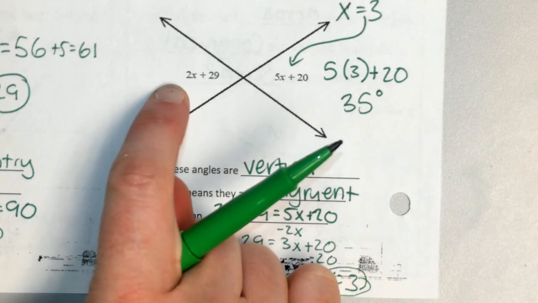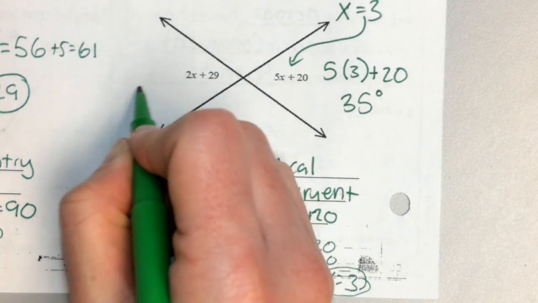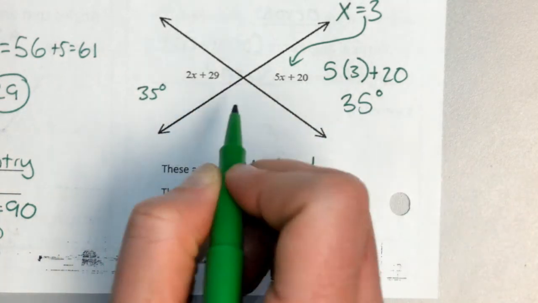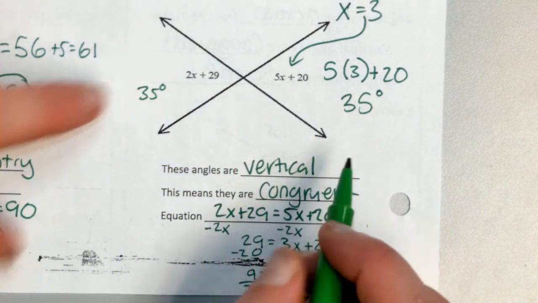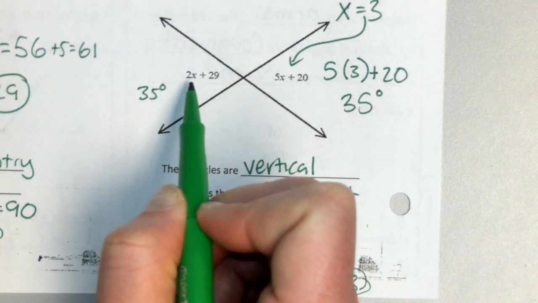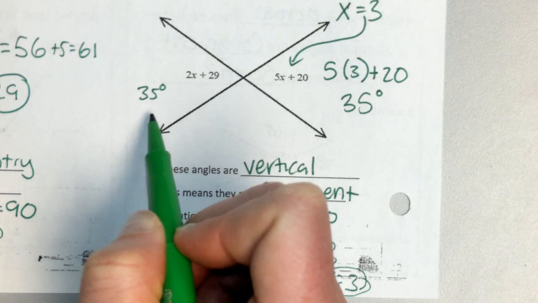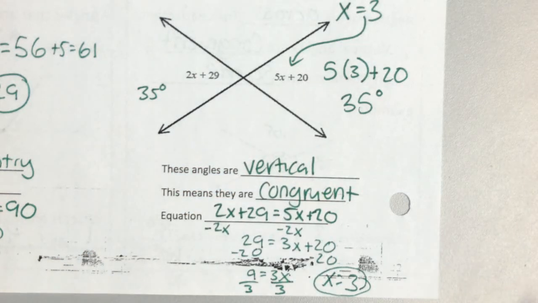If this is 35, what's this one? You could plug this in. 2 times 3 is 6. 6 plus 29 is 35. So you know you solved the problem, right? By checking yourself like that.